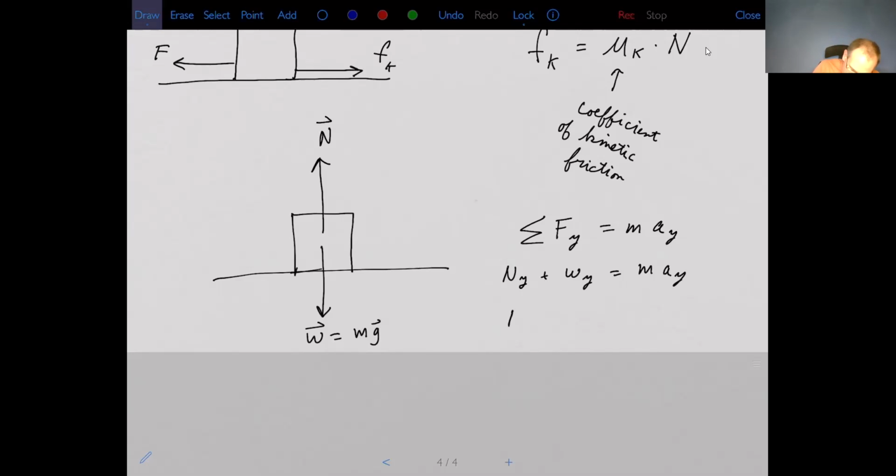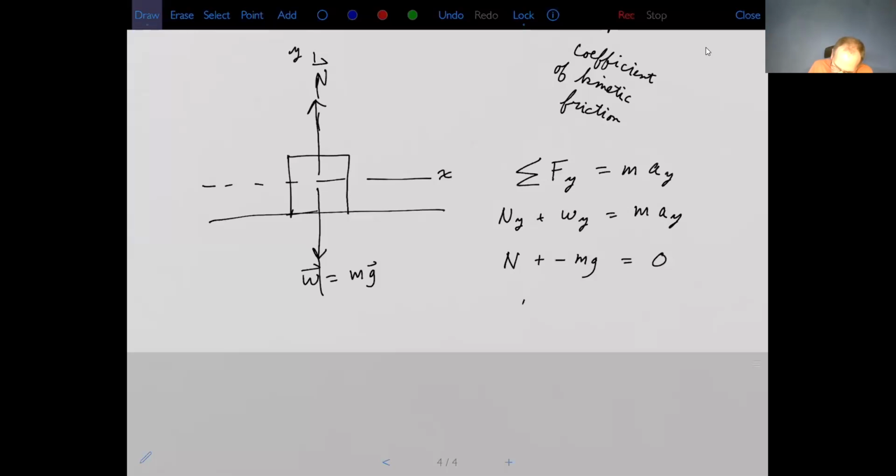If I call this my coordinate system, this is say y, and this is x, then all that normal force is in the positive y direction. So this is just positive N. And then the y component of the weight is actually minus mg, right? Because it's acting in the negative y direction. And that's equal to 0 because it's not accelerating in the y direction. That wooden cart is not leaving the wooden ramp at all. And then, of course, we can solve for N now. And it turns out N in this case is simply equal to the weight, right?